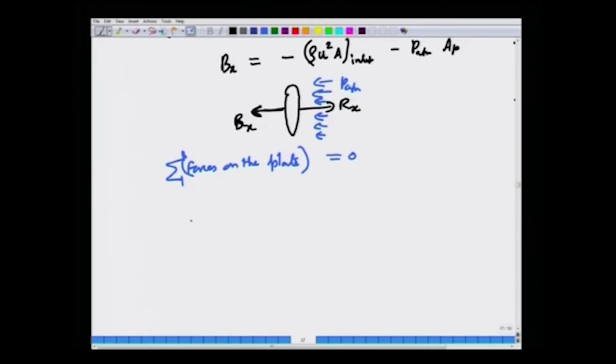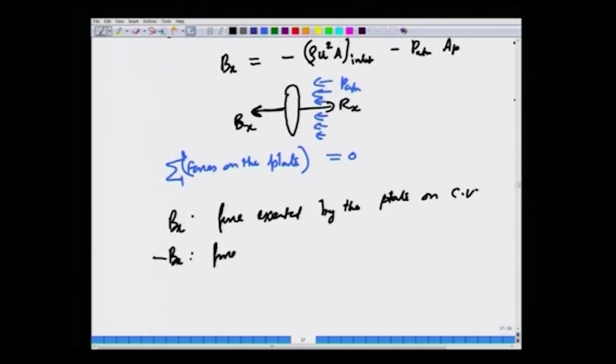Let me explain this carefully. Bx is the force exerted by the plate on the CV. So, minus Bx is the force exerted by the CV on the plate by Newton's third law of motion.